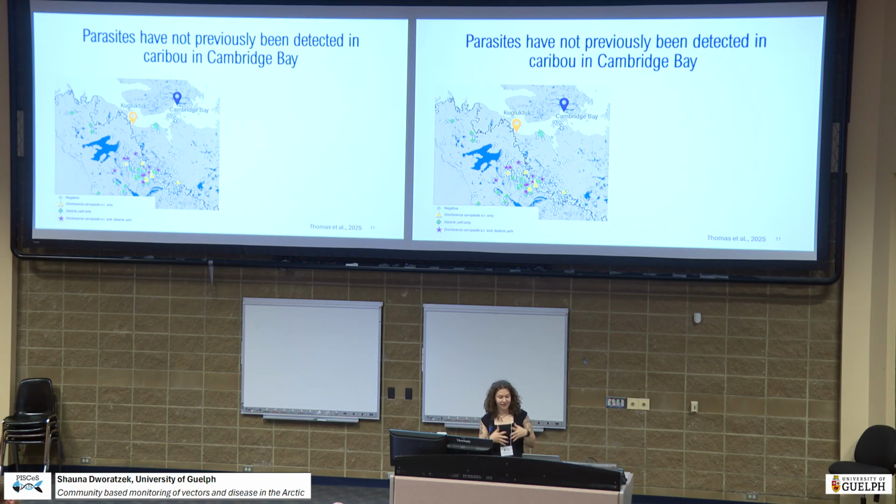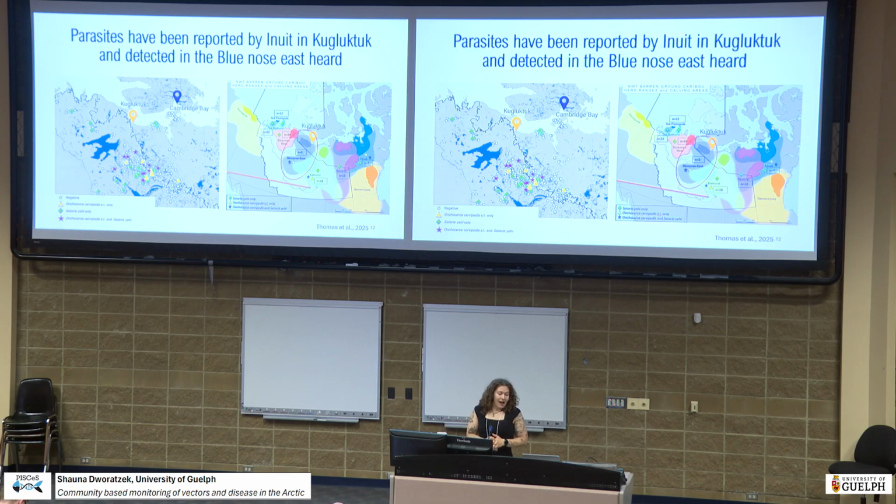And this is not entirely surprising or unexpected because the parasites thus far haven't been detected in caribou in Cambridge Bay, which is the further north community, as you can see on this map. And although they've been reported in Kugluktuk by community members and detected in the Bluenose East herd, which is the herd found in Kugluktuk, as many of you I'm sure know, caribou are a migratory species.